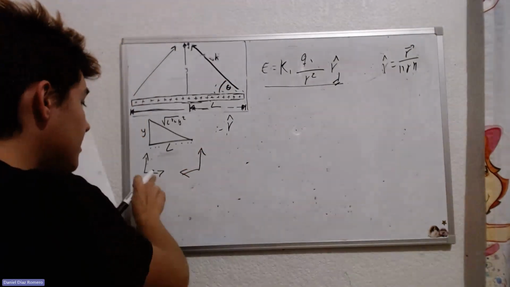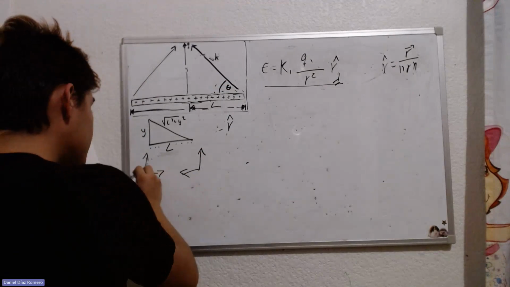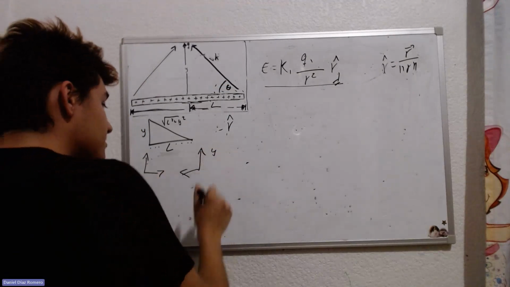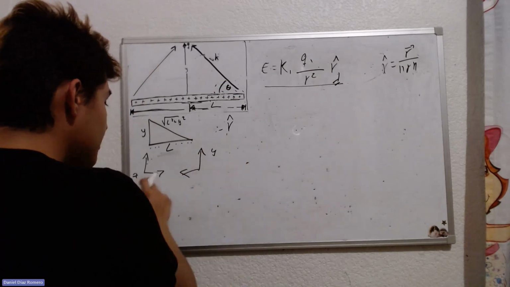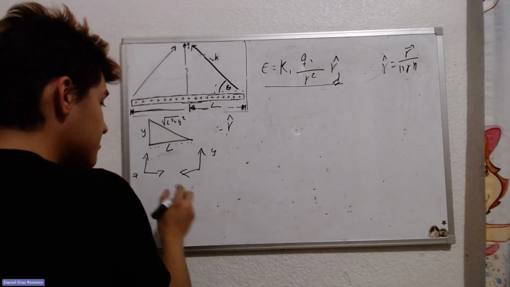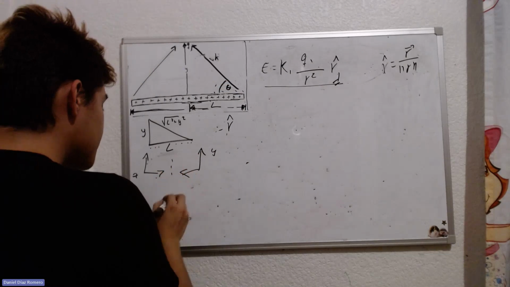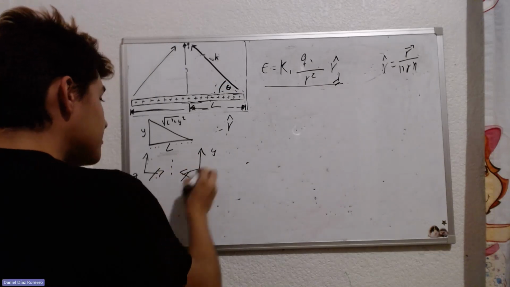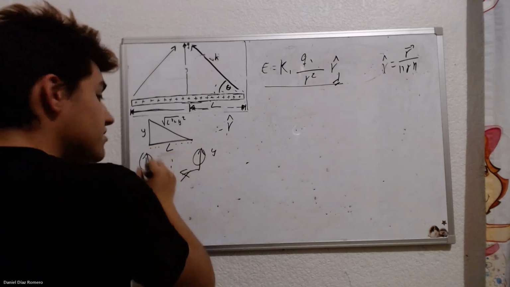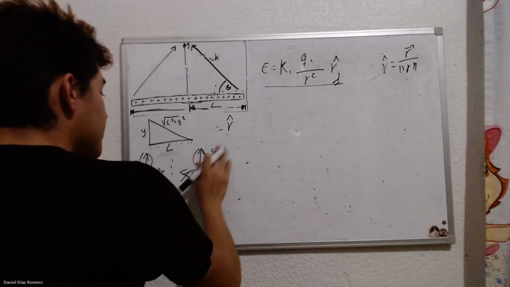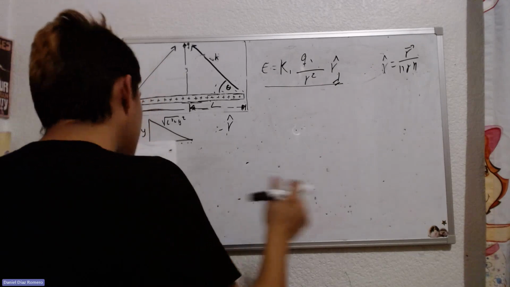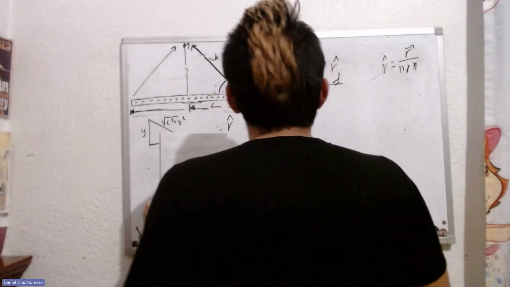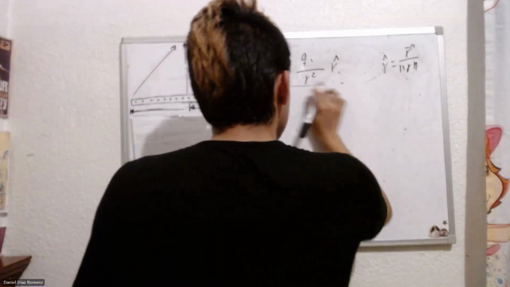As you may see, the x vectors and the y vectors are practically the same, but the x vectors cancel out because they collide with each other. So we only have to consider the y vectors. Those sum up. So you have to keep this in mind in order to achieve the result.